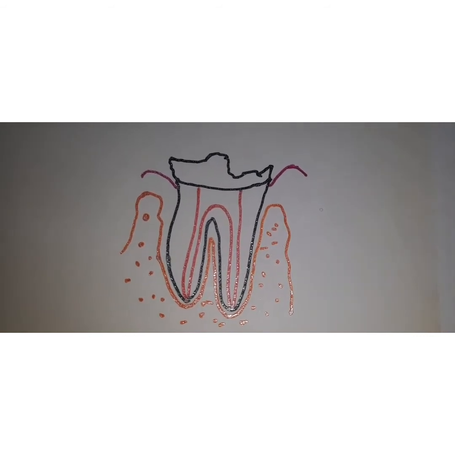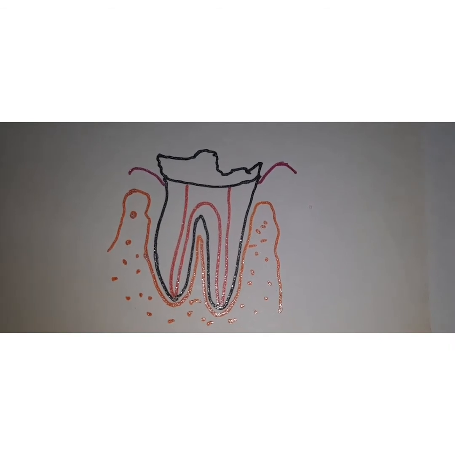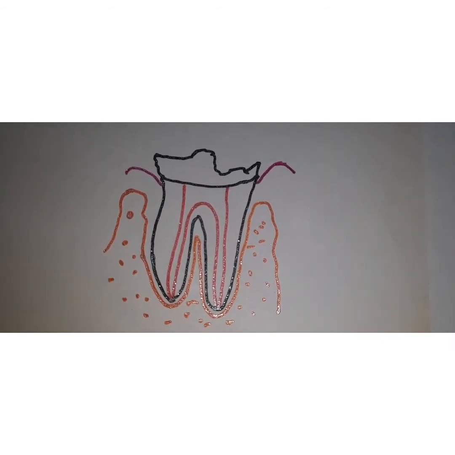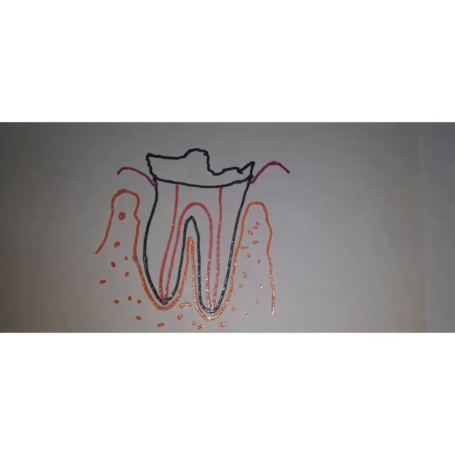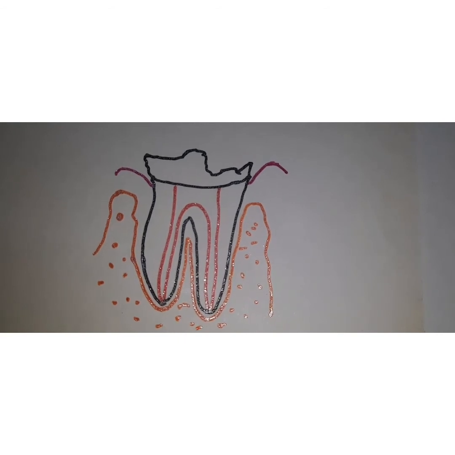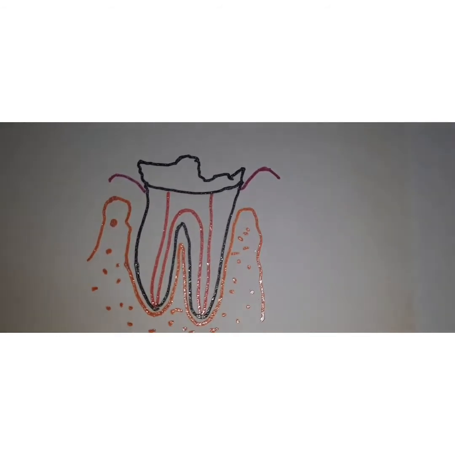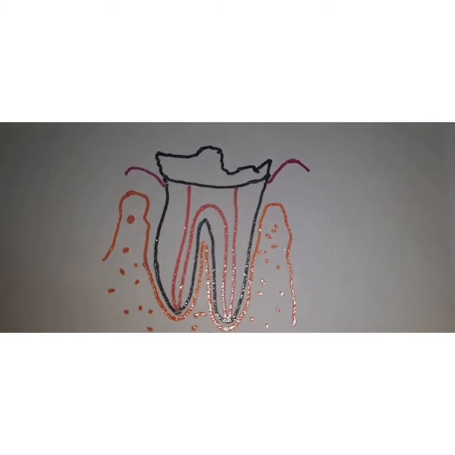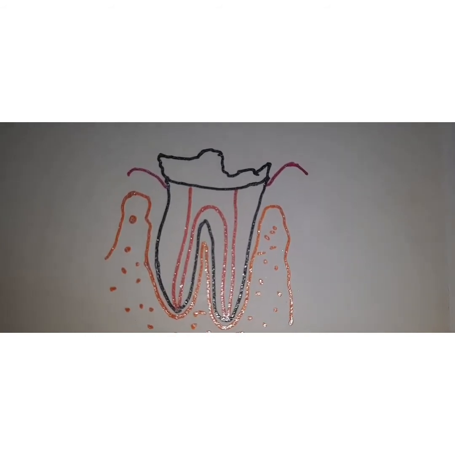So in such a situation, after doing endodontic treatment, in order to provide good support to the tooth, you may go for a post and core, or even you may be thinking about giving amalgam pins if you are doing an amalgam restoration. So in such a situation, there may be a chance that you may perforate the tooth. So that will also lead to failure of your treatment.